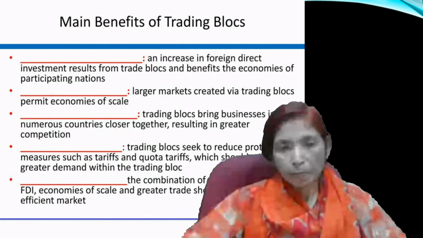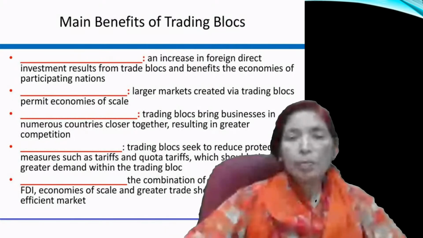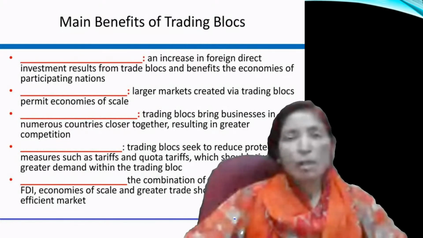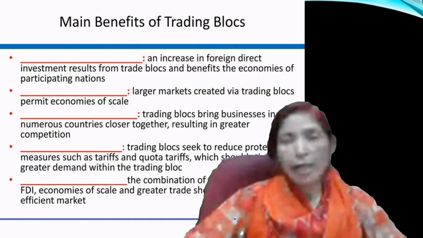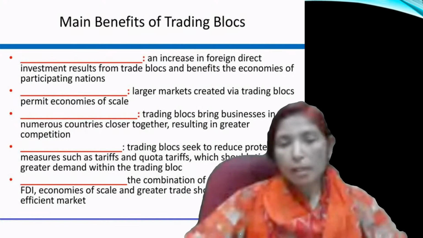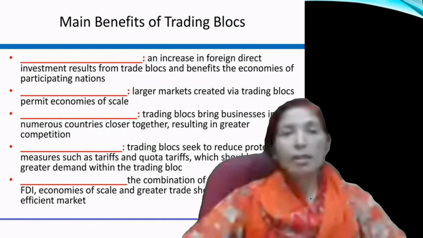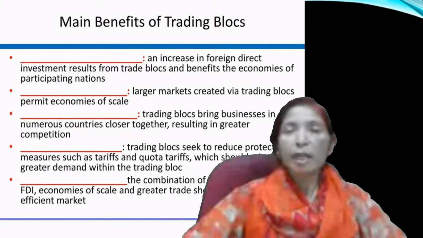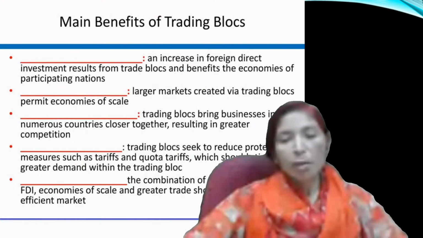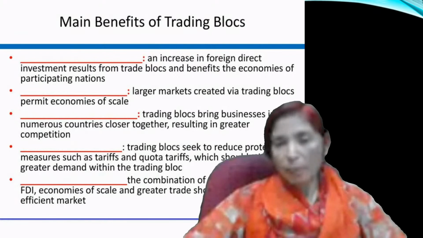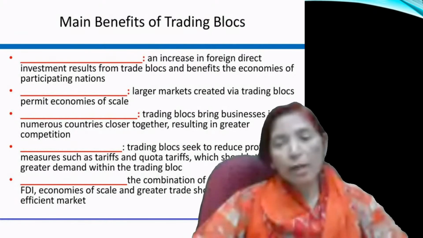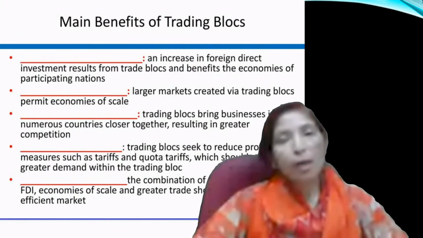Next, a trading bloc seeks to reduce protectionism and encourage free trade agreements, with measures such as tariffs and quotas, which should stimulate greater demand within the trading blocks. And the next advantage is that the combination of greater competition, FDI, economies of scale, and greater trade should result in a more efficient market.